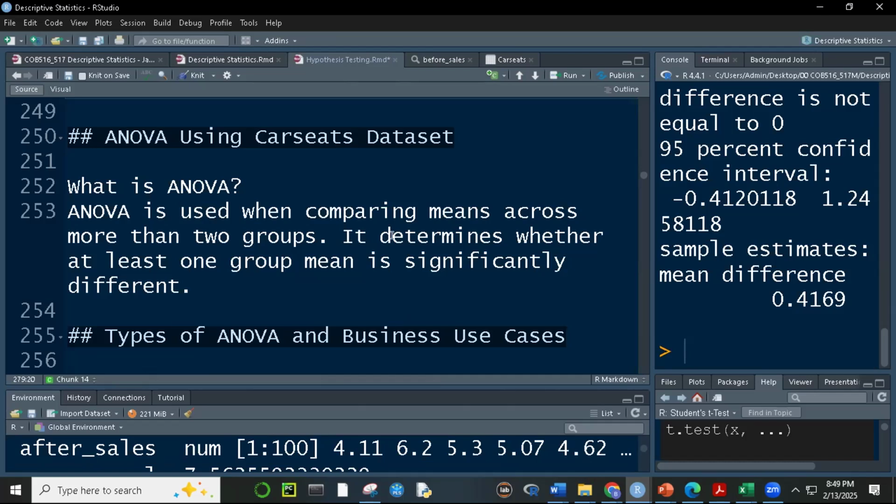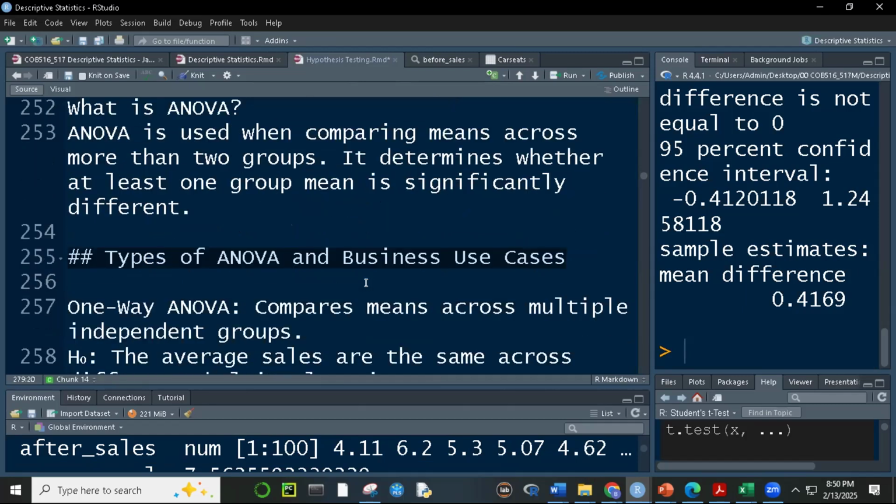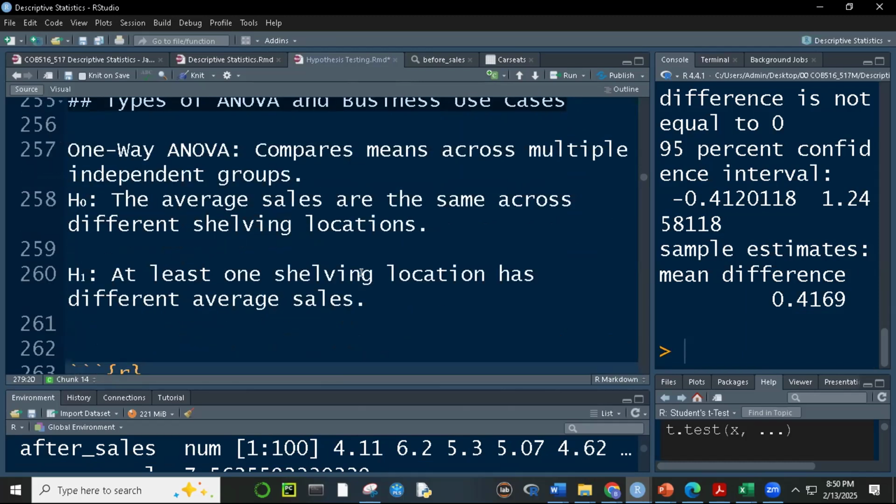For ANOVA, you're comparing means across more than two groups. If there are more than two groups, you can't use the t-test for that. You'll have to use analysis of variance. It determines whether at least one group mean is significantly different. Same thing, we're testing the means, but this time there are more than two. Okay, so we have one-way ANOVA.